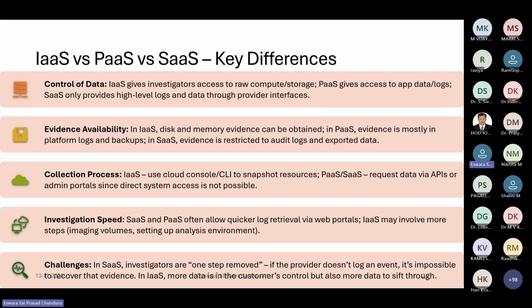In the case of SaaS and PaaS, it is quite slow because we have to depend on the service provider to get the logs and the other API logs. Whereas in the case of infrastructure as a service, it is very fast because everything is under the control of the subscriber. So everything is readily available, and we can immediately go for imaging the volume, setting up the environment, all these things.